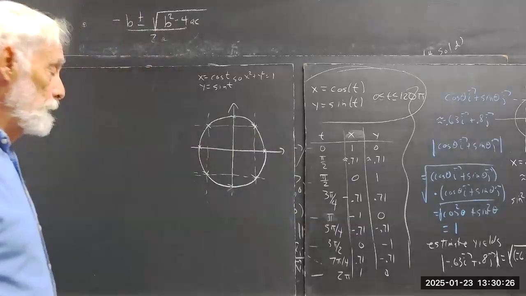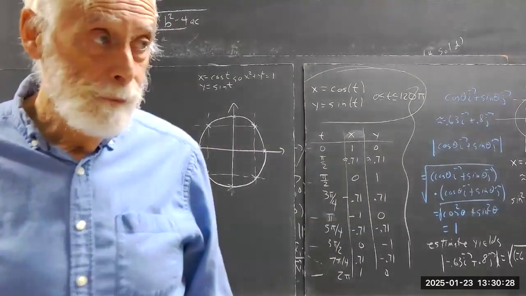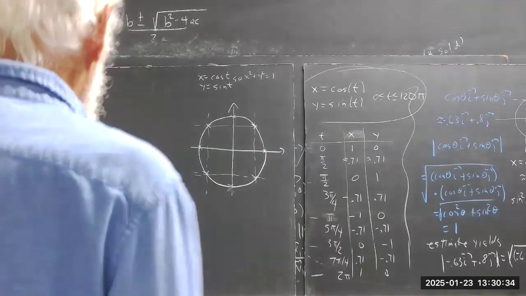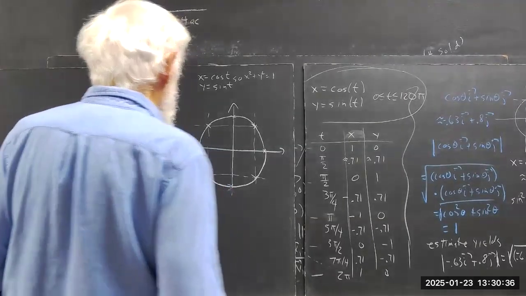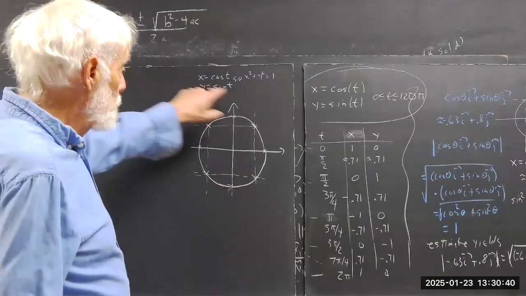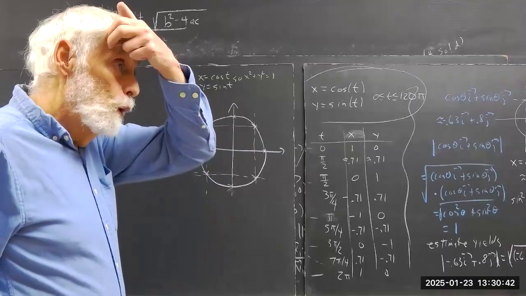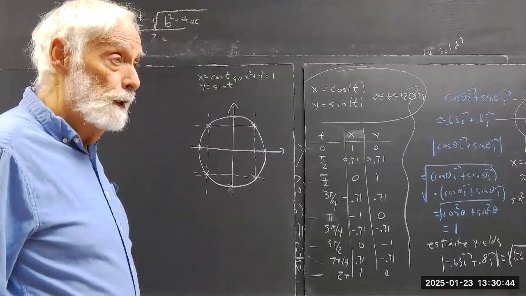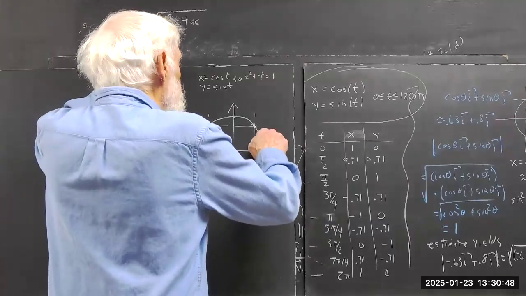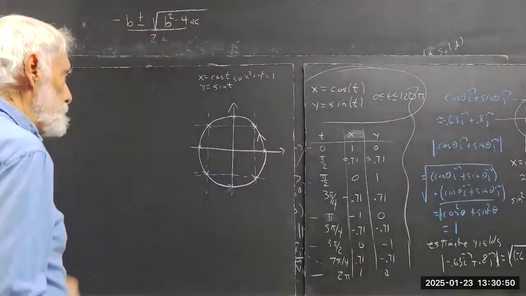And by darn, they make a pretty good circle. Within the inaccuracy of my, or the inconsistencies in my distance. Okay. And we go around this circle one time every time t changes by 2 pi. And we're going around the circle in this direction.